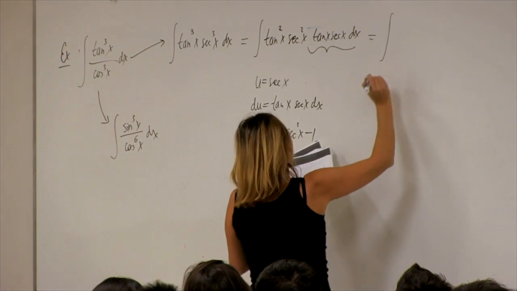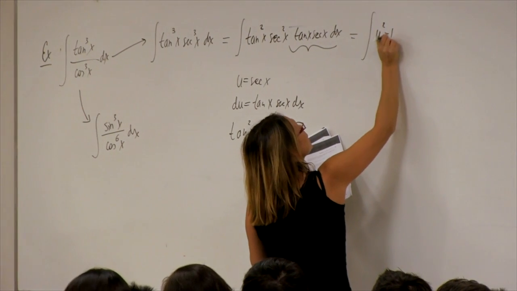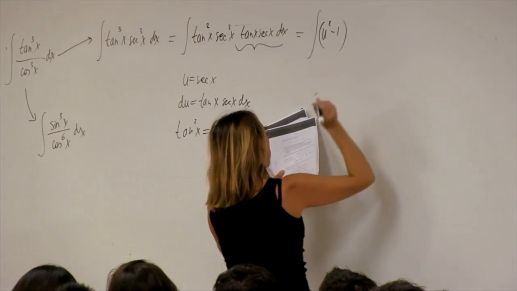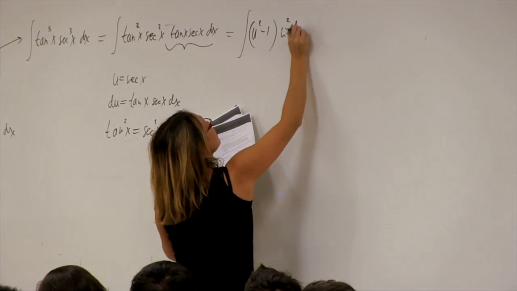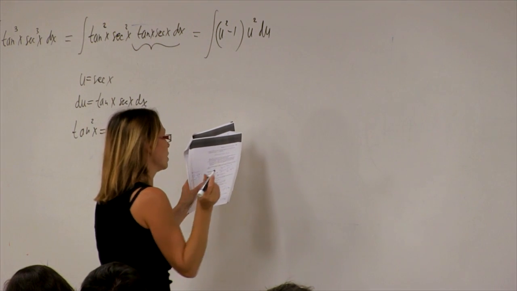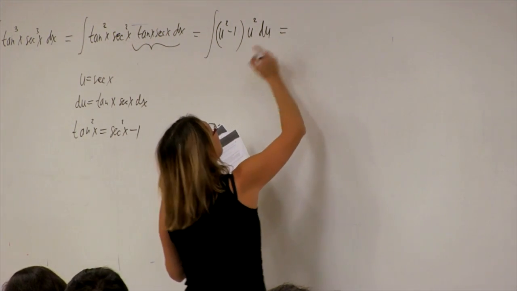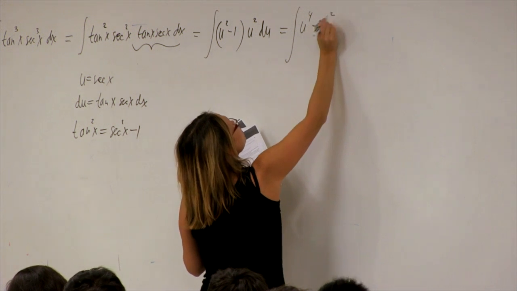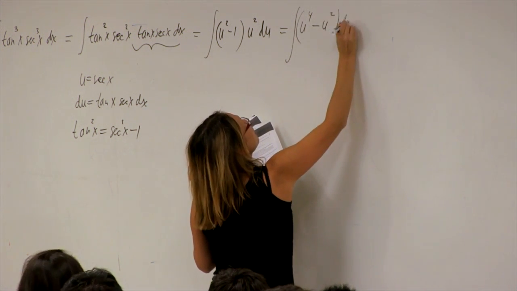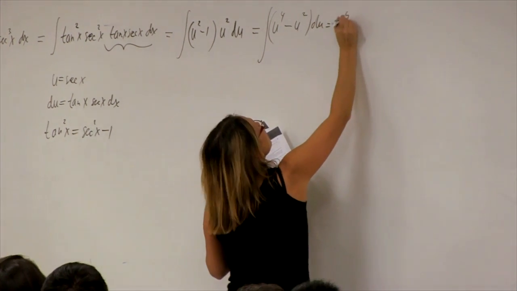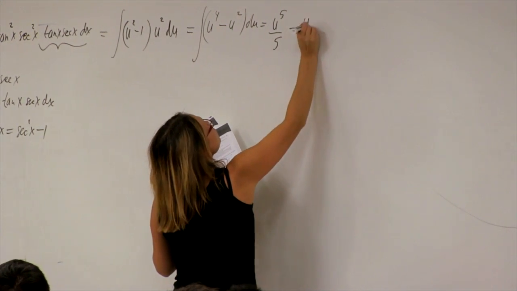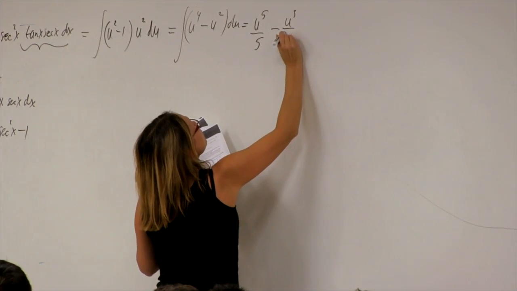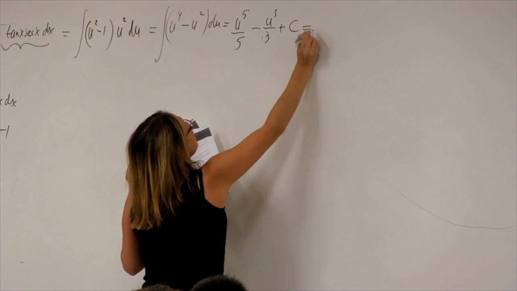So I rewrite this whole thing as u squared minus 1 times u squared du. And now it's easy. Just one more step. U to the 4th minus u squared du, u to the 5 over 5 minus u cubed over 3. And I go back.